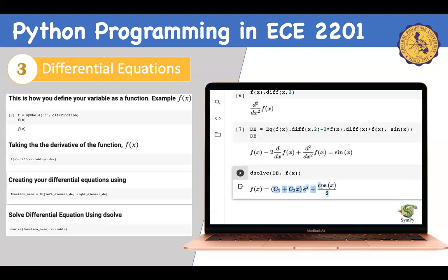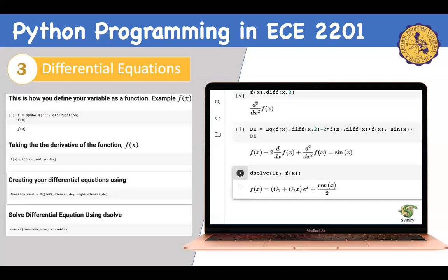The result has constants C1 and C2, because we don't have initial values. If you have initial conditions, it is easier to solve using Python programming with the SymPy module.